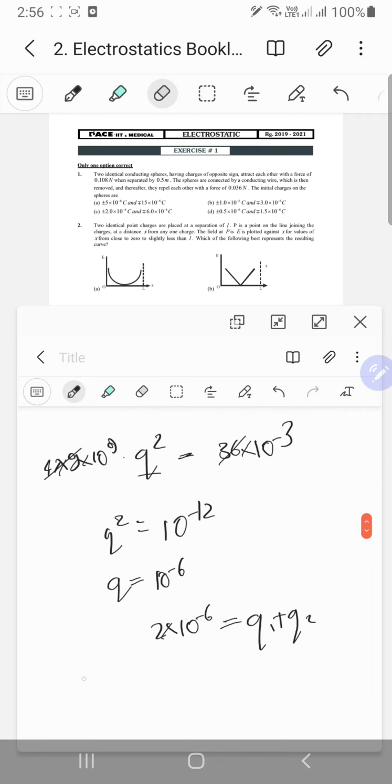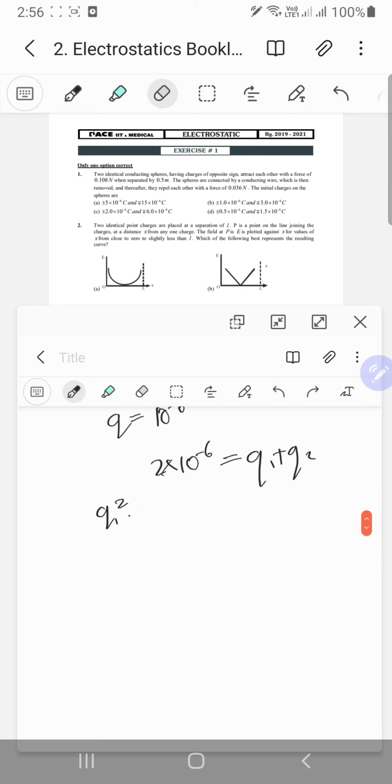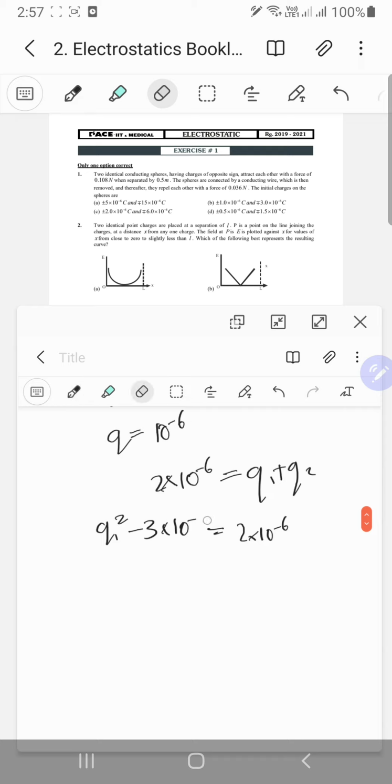So that's nice. Just multiply by Q1, that will give Q1 squared plus Q1 Q2, and because we know what Q1 Q2 is, this gives minus 3 into 10 power minus 12 equal to 2 into 10 power minus 6 into Q1. So Q1 squared minus 2 into 10 power minus 6 Q1 minus 3 into 10 power minus 12 equal to 0.